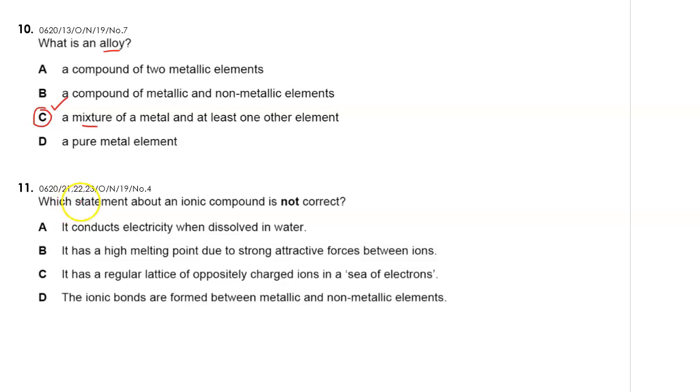Number 21, which statement about an ionic compound is not correct? A, it conducts electricity when dissolved in water. That is correct. An ionic compound is like sodium chloride. When you dissolve sodium chloride in water, of course you'll get sodium chloride aqueous.